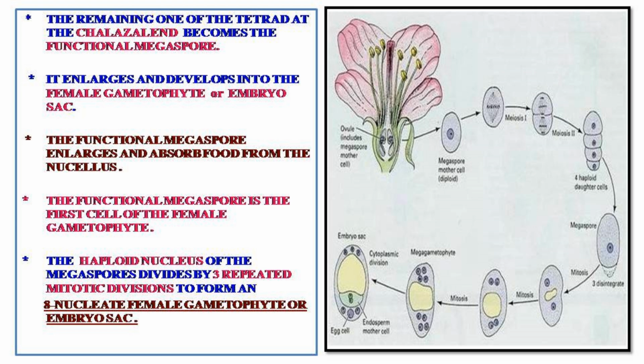The haploid nucleus of the megaspore divides by 3 repeated mitotic divisions. From the diagram, you can see the mitotic divisions. And it will form an 8-nucleate female gametophyte or embryo sac. It is of interest to note that these mitotic divisions are strictly free nuclear.